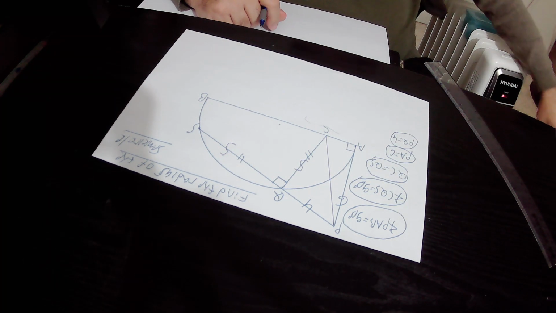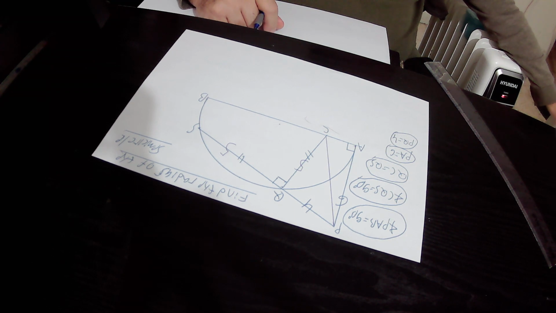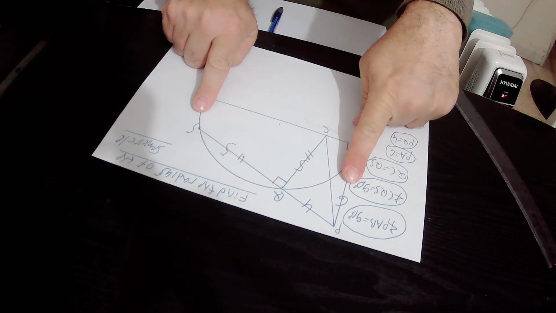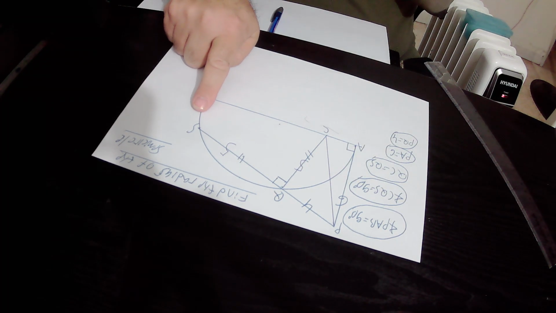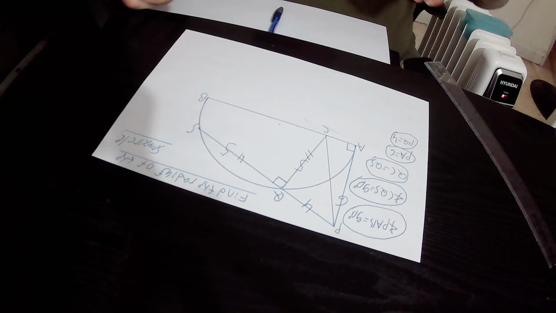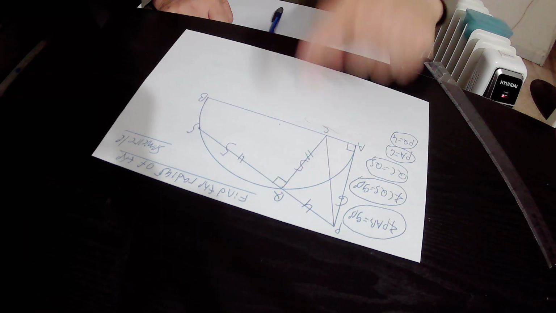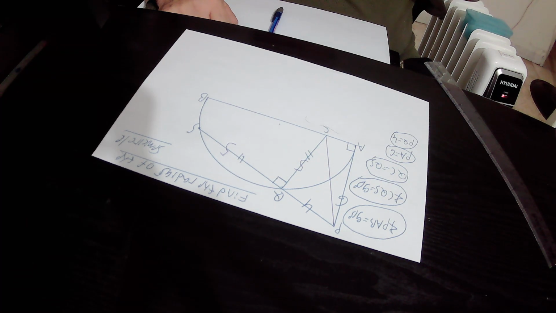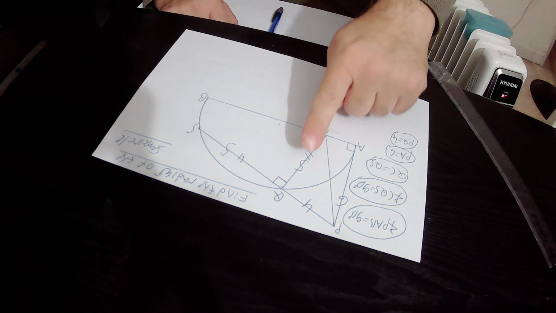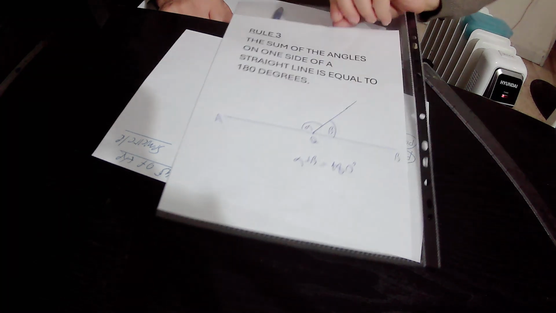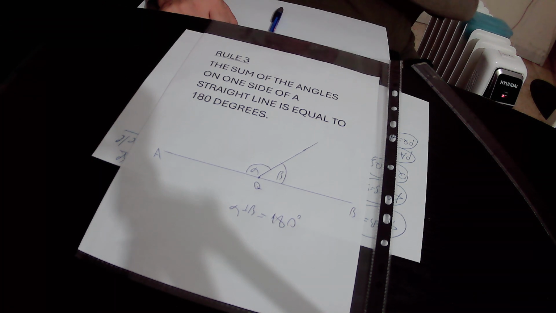It is given in the question that PS is a straight line. So if we focus on the lower side of the straight line PS at point Q, here the sum of the angles must be equal to 180 degrees according to rule number 3.